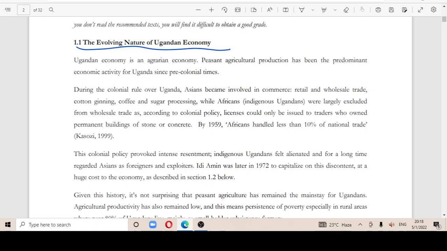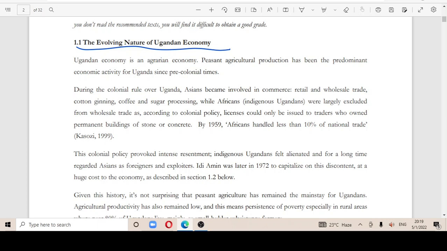So that is to do with the pre-colonial times, what was occurring. We are looking at the evolving nature of Uganda's economy. Before the colonial times, what was happening? This is what I've talked about. The economy of Uganda was an agrarian economy. So looking at during the colonial rule, this is when the Ugandans were being colonized by the foreigners.